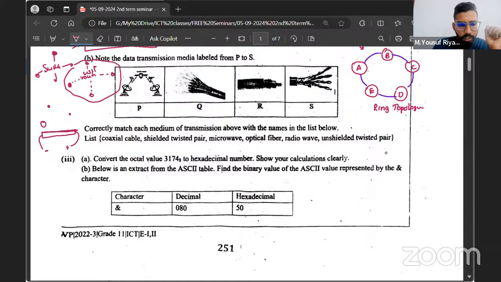Now I have four bulbs. If I connect them with wire to negative and positive, negative and positive, negative and positive, the bulbs will start lighting up. But I won't be able to control, let's say, only these two or only those two. I won't be able to control specifically which bulb to give current and which not to. But if I include a switch, I can do it, right?